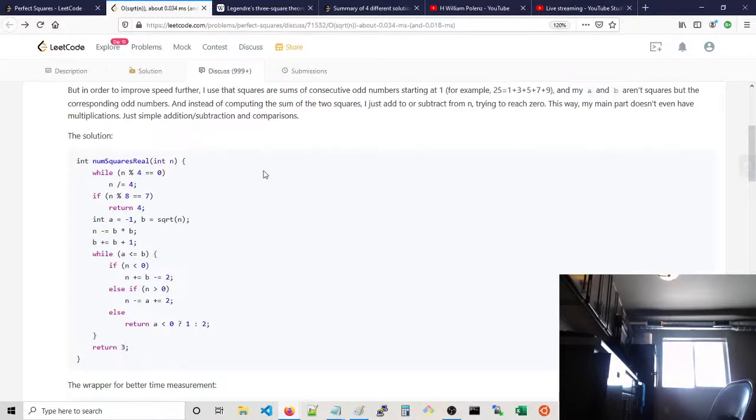Pretty interesting. The algorithm itself, you could literally just use a sum of the perfect squares where you have i and j, and you have i times i and j times j.